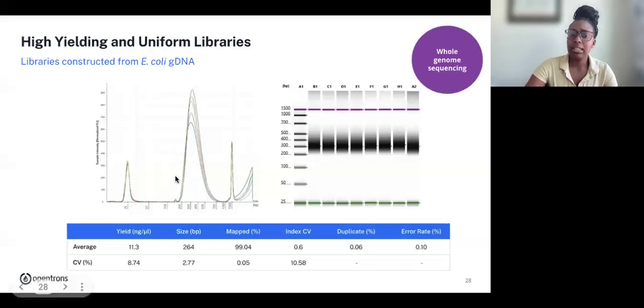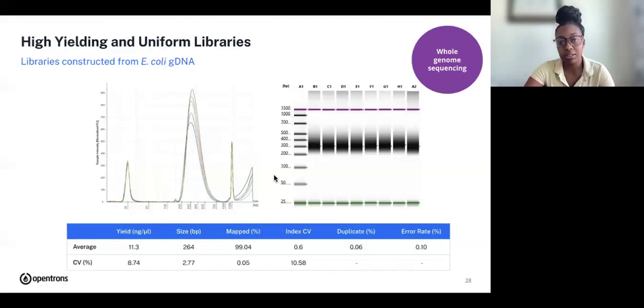So looking again at this distribution, so we're a fully equipped lab in terms of the sequencing capacity at our HQ at Opentrons. And here, showing some genomic DNA from E. coli, we were really interested in making sure that we could maintain a level of uniformity across replicates and still have really competitive and compelling sequencing specifications.